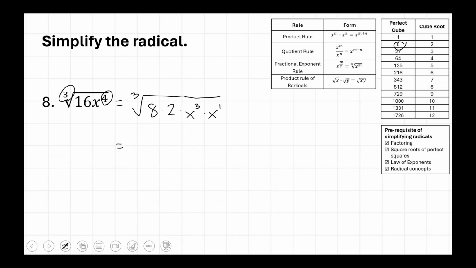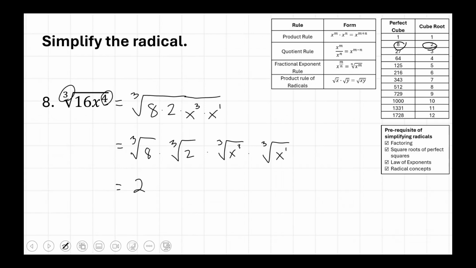Then, product rule of radicals, we rewrite cube root of 8 times cube root of 2 times cube root of x cubed times cube root of x^1. So here the cube root of 8 is 2, as you can see here.